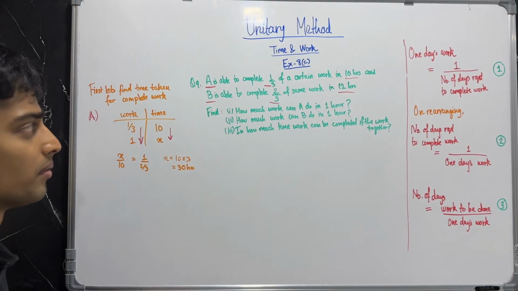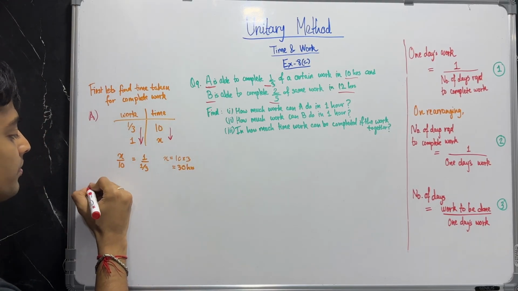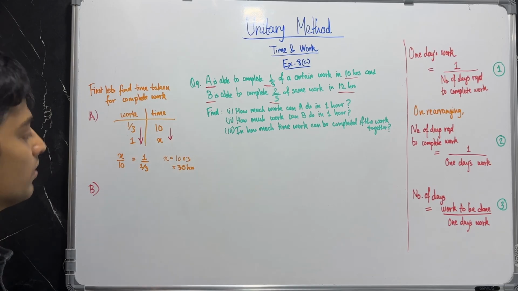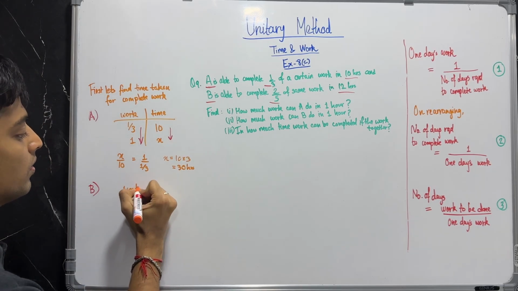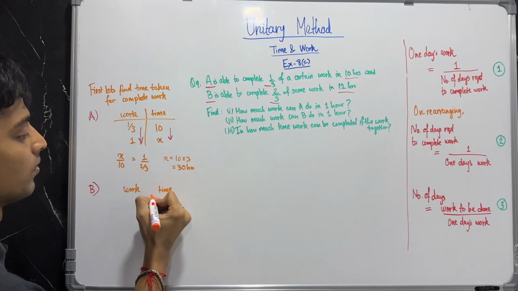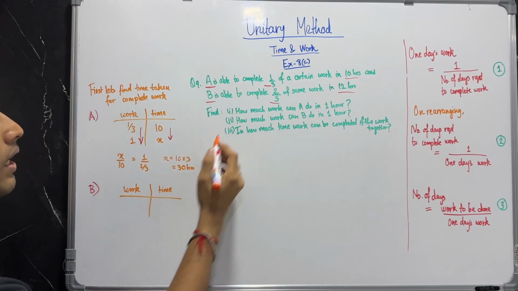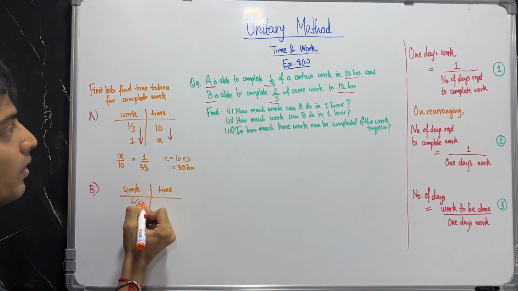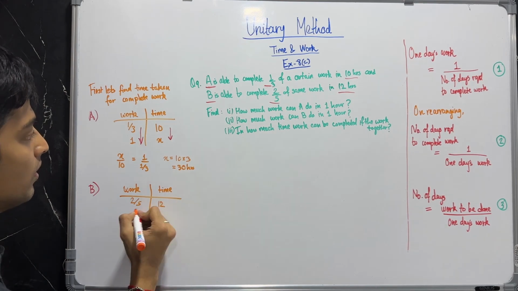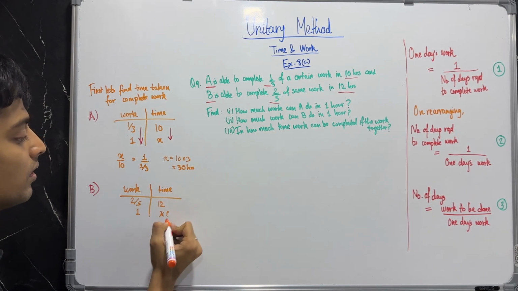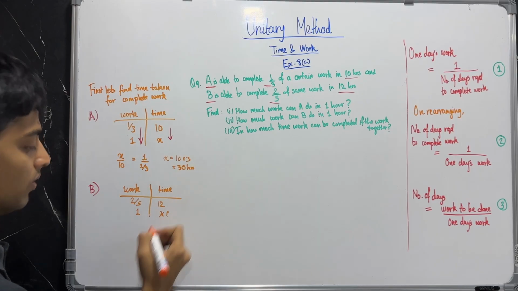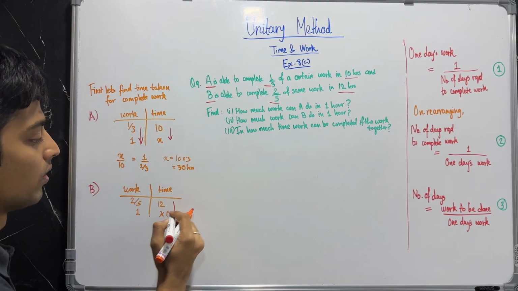Let's find for B. For B, same thing, work, time. We have 2 by 5 in 12 hours. One full work will be done in how much? So we do downward arrow, downward arrow.